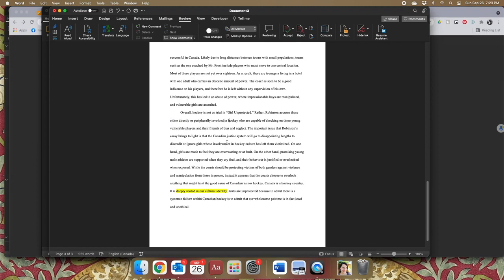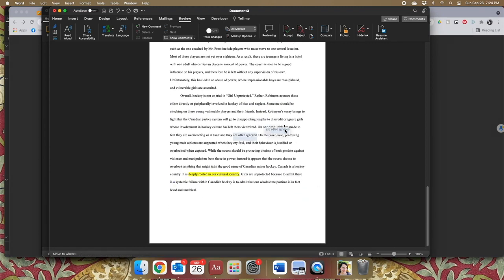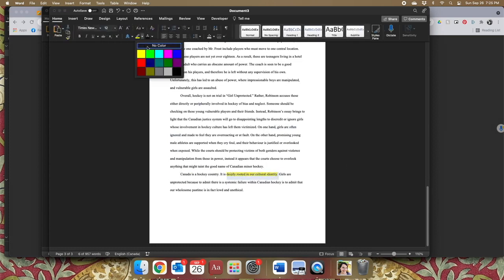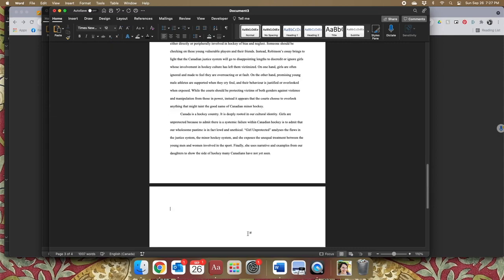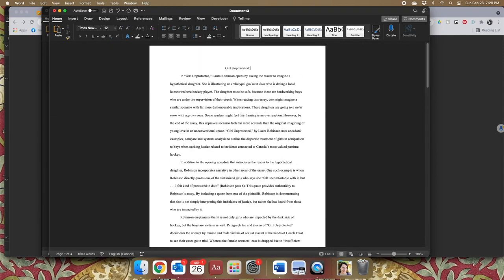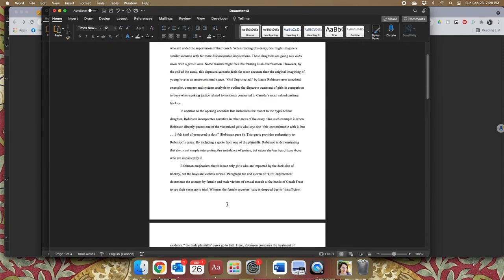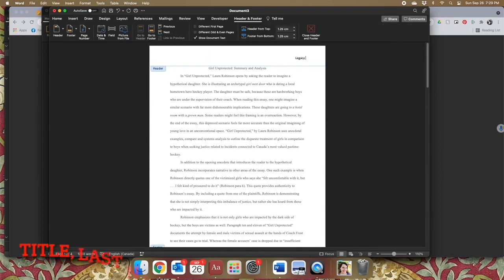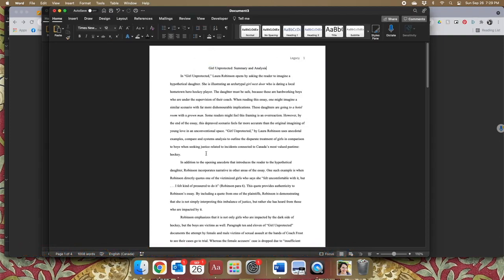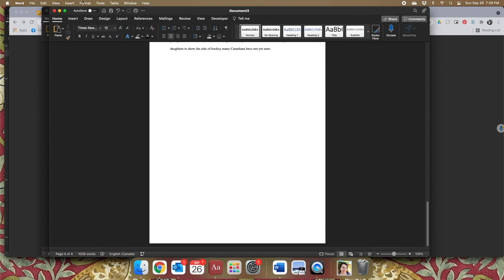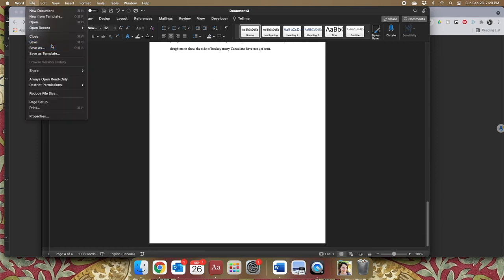And I'm just finishing up my conclusion here, realizing that this paragraph could be broken up, and now I'm just adding a bit of extra. Putting a title, last name and page numbers as part of MLA formatting, and at the bottom here, a works cited needs to go. I didn't include that in here, but we will discuss proper MLA citations, and now I'm saving it.